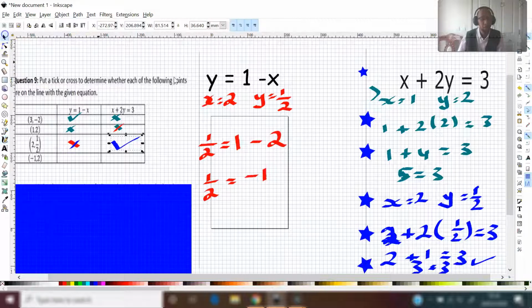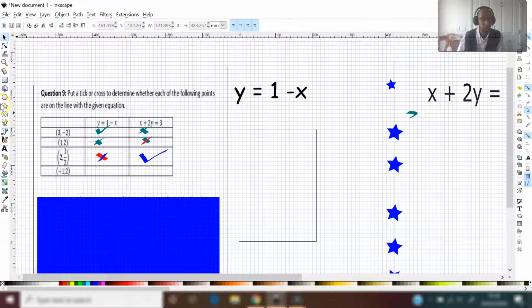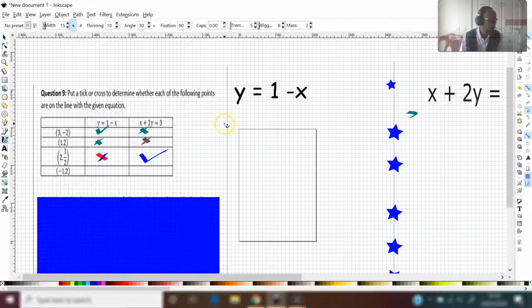And for the last one, negative 1, 2. I keep saying minus 1 instead of negative. So we have our X value being negative 1 and our Y value is 2.